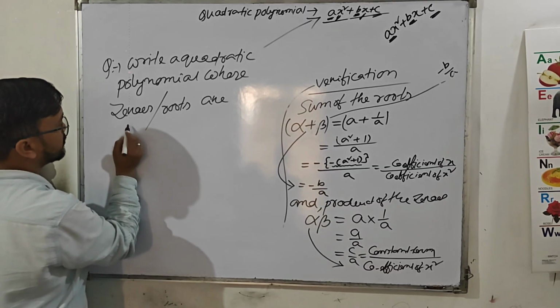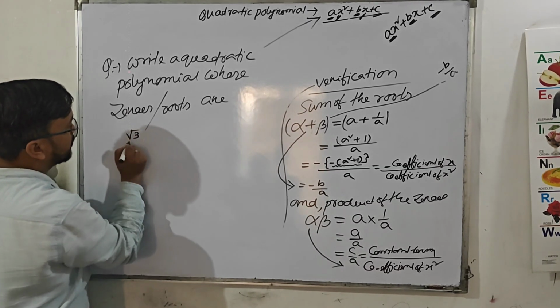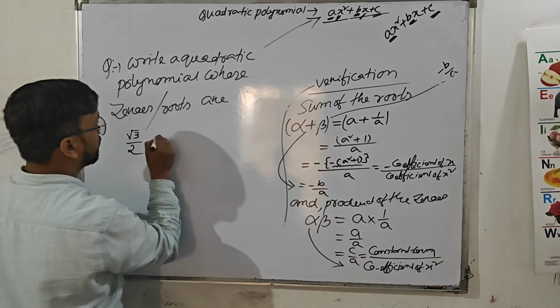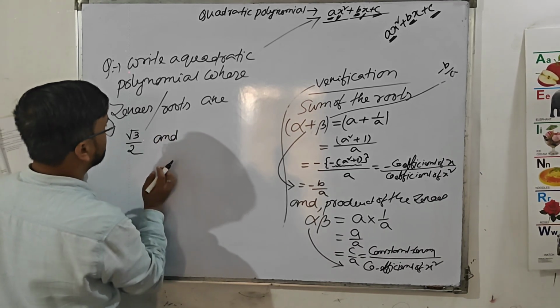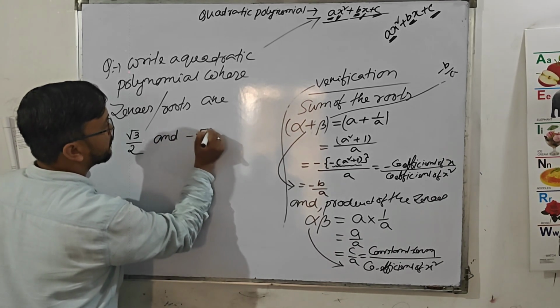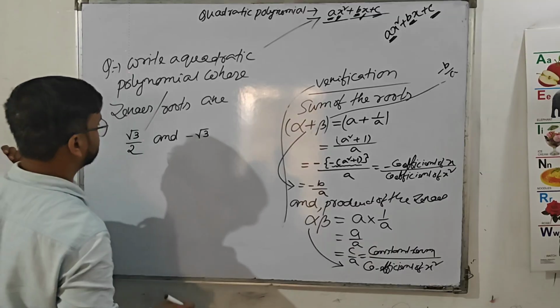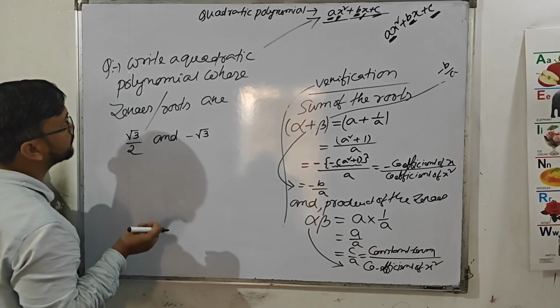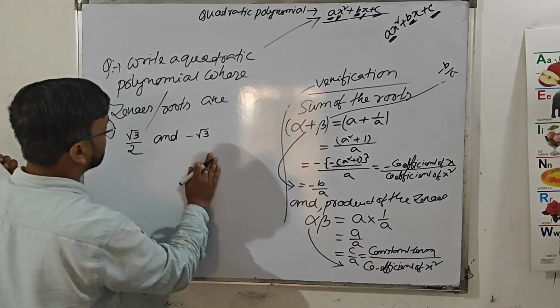Roots are suppose root 3 by 2 and minus root 3, 1 by root 3.